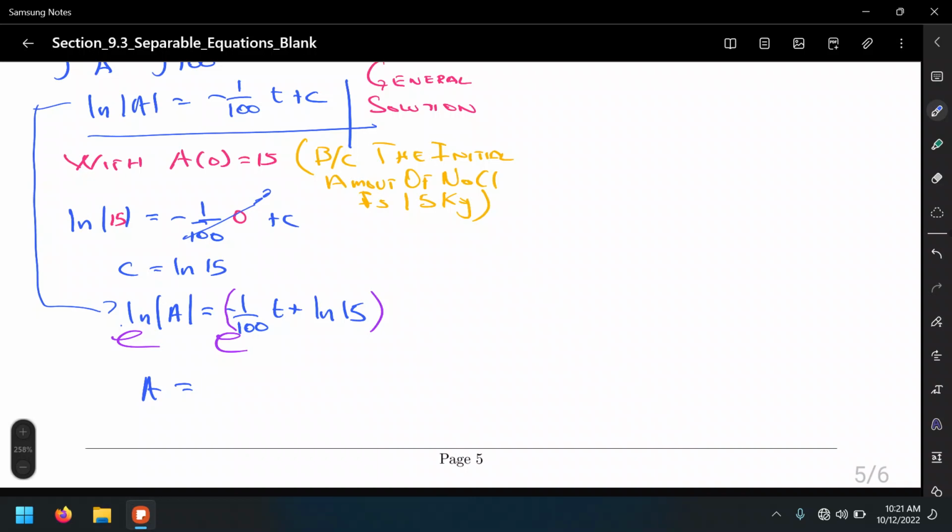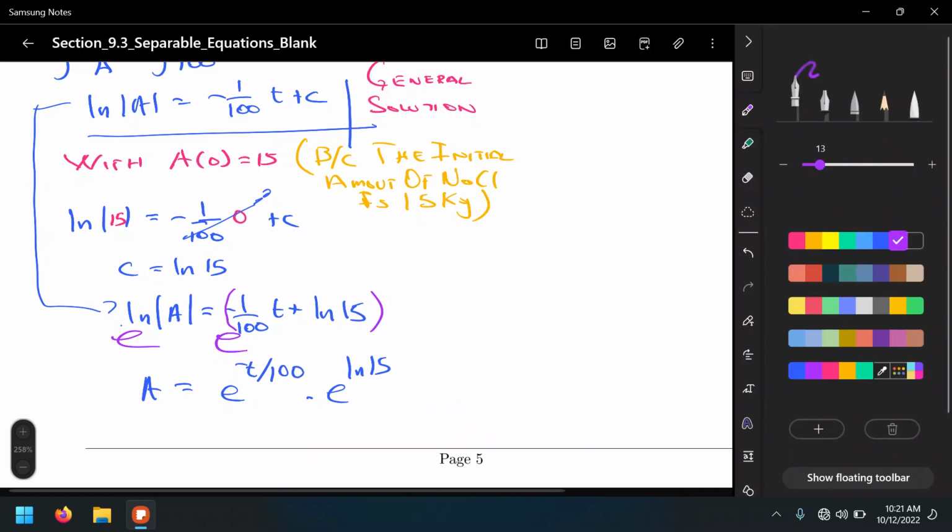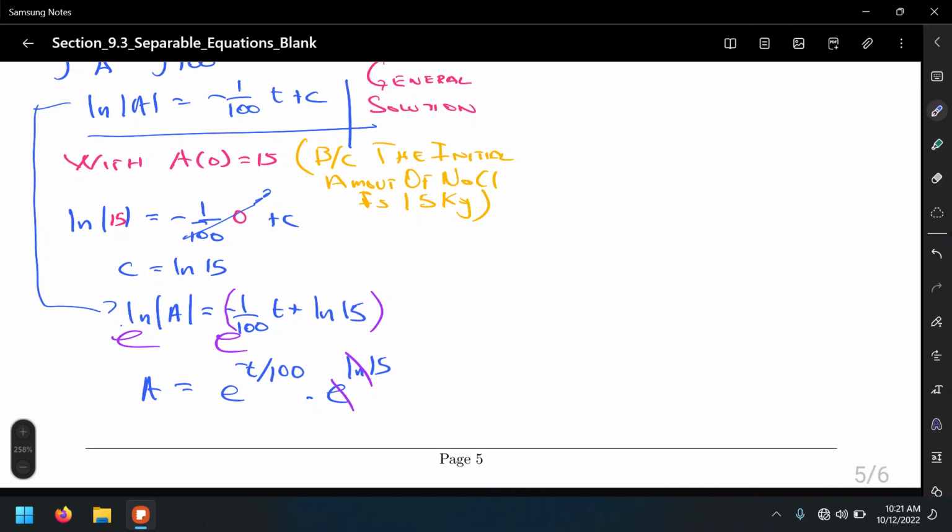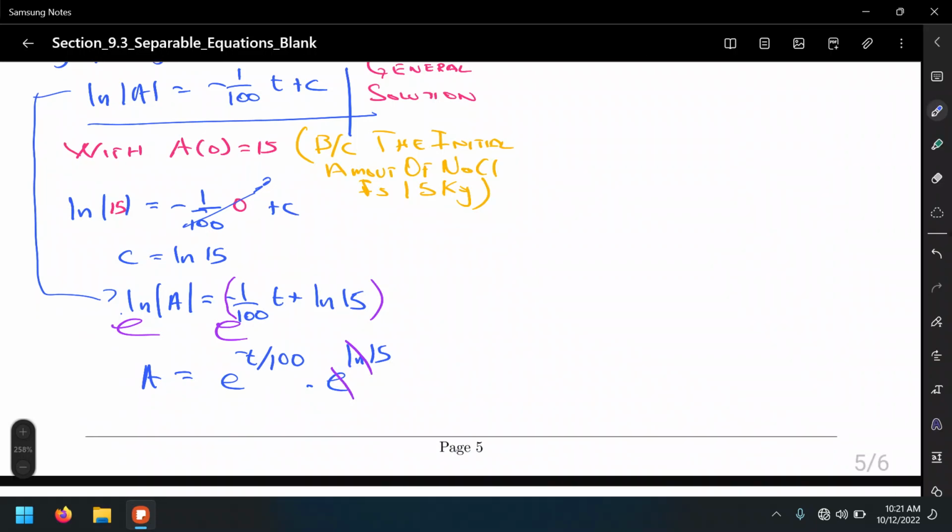So A equals e to the -t/100, and by properties of exponentials, times e to the ln of 15. In this case, we can cancel the e with ln, and that's going to give us the expression that we want.